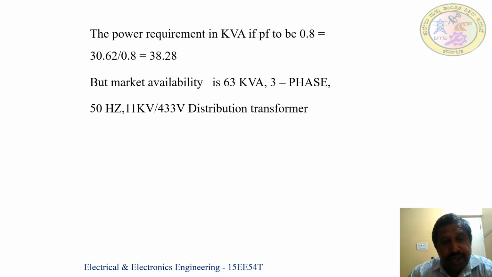So that gives the value 38.28 in kilovolt amps. But the available transformer rating is 63 kVA. So the specification of transformer is 63 kVA, 3-phase, 50 Hz, 11 kV by 433 volts distribution transformer.